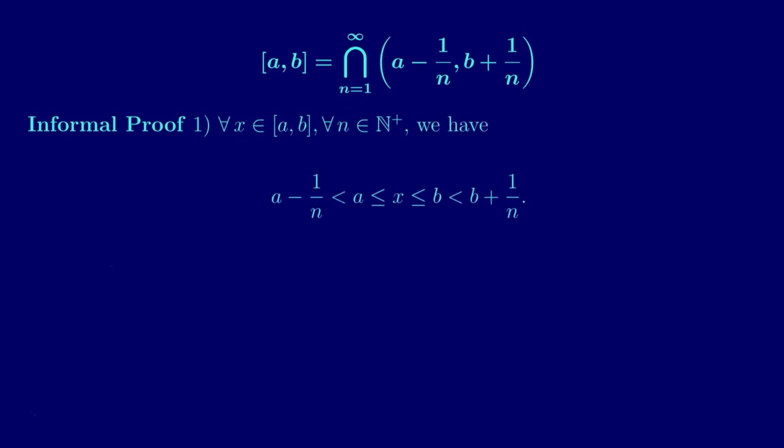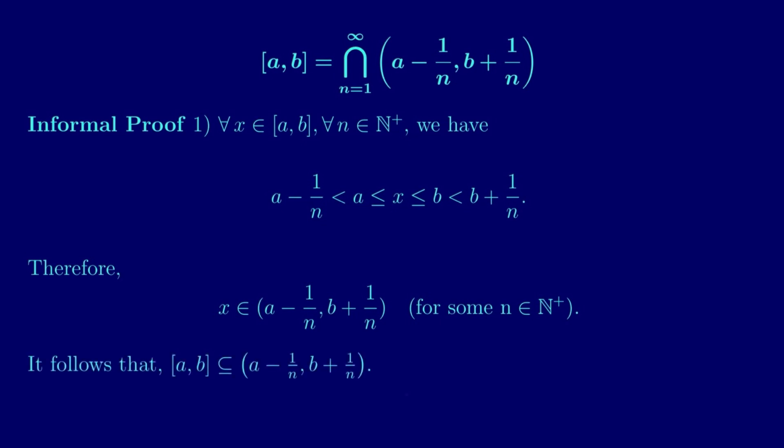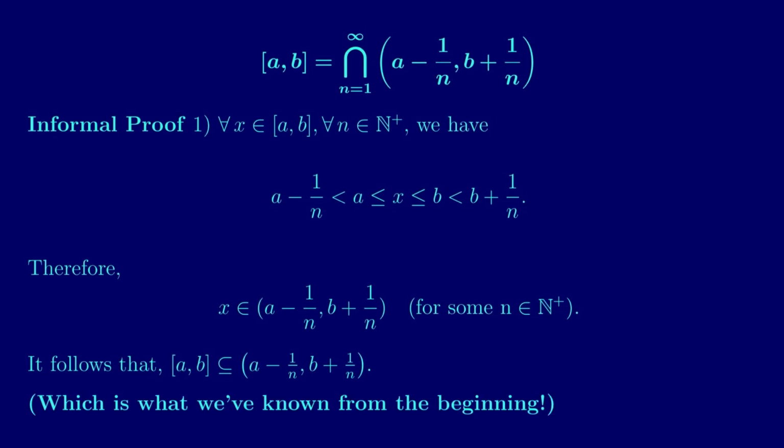Thus, we get this inequality, which seems to be quite obvious. It turns out, x is definitely an element in this open interval as well. Since the x that we chose is arbitrary, we know that [a, b] is a subset of this open interval, which is exactly what we mentioned from the beginning.